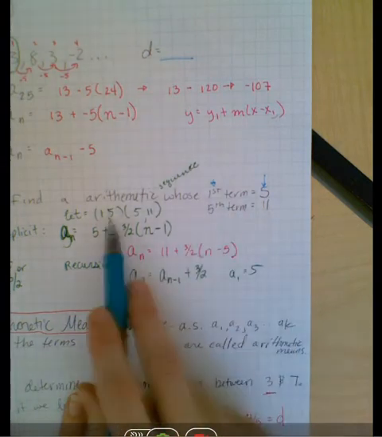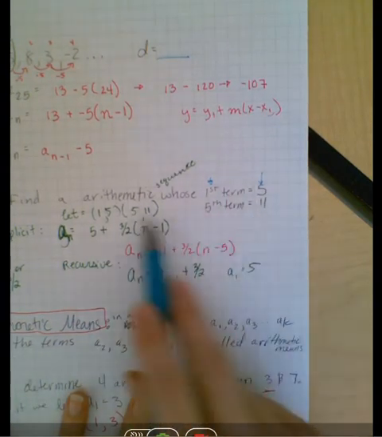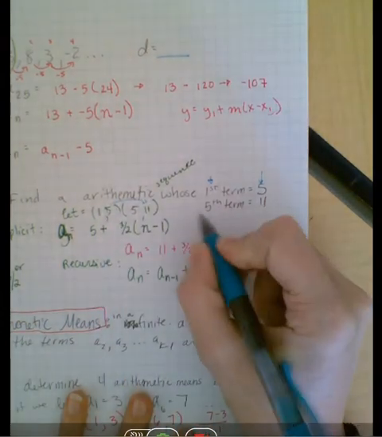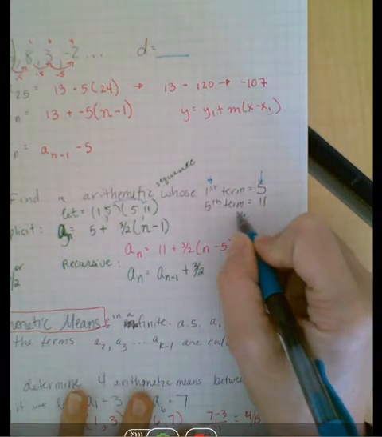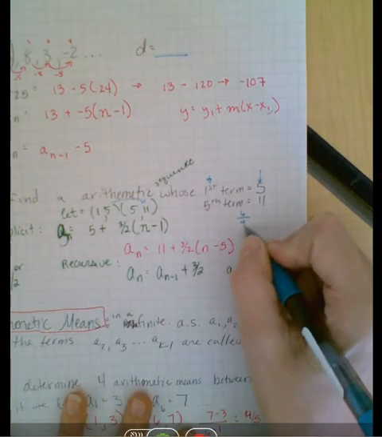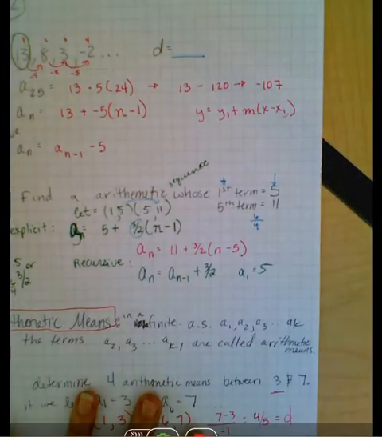So this can be represented as the point (1, 5) and this can be represented by the point (5, 11). And I can figure out that my change in y is an increase of 6 and my change in x is an increase of 4, giving me a slope of 3/2.